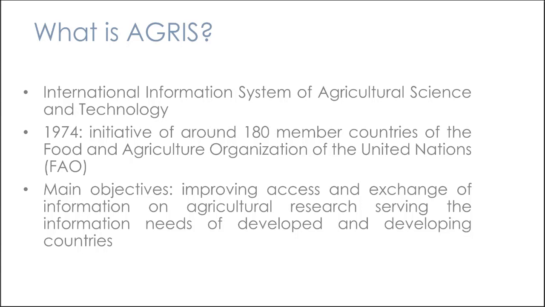And they started the AGRIS initiative that stands for International Information System for Agricultural Science and Technology. The main objectives are improving access and exchange of information on agricultural research, and with that serving the information needs of developed and developing countries.